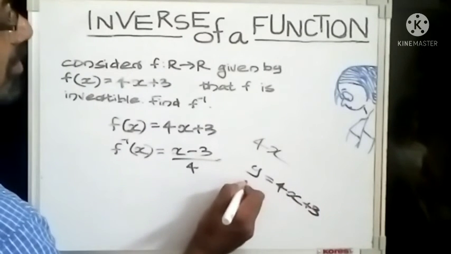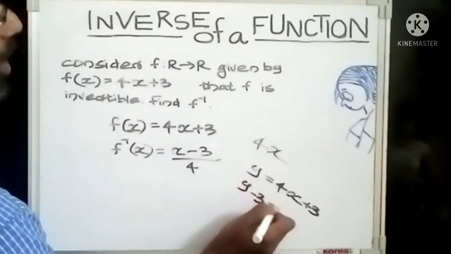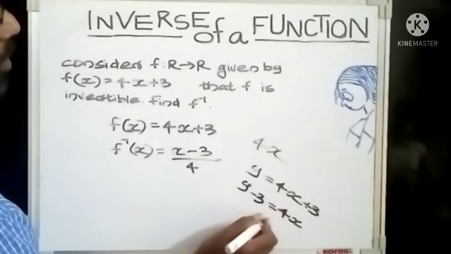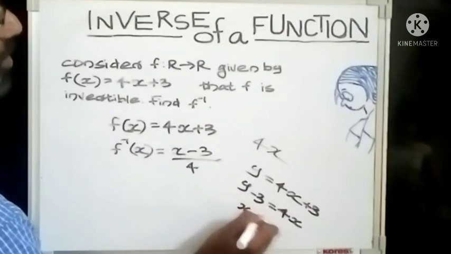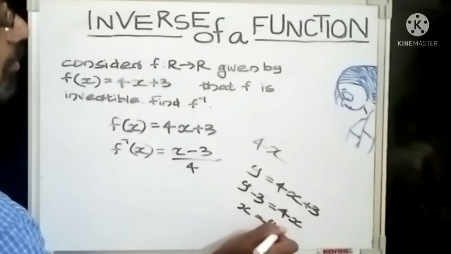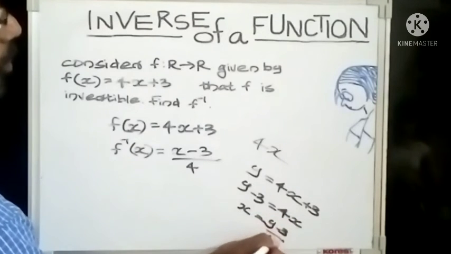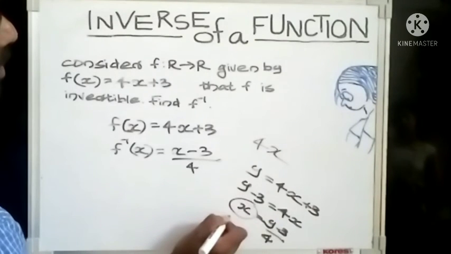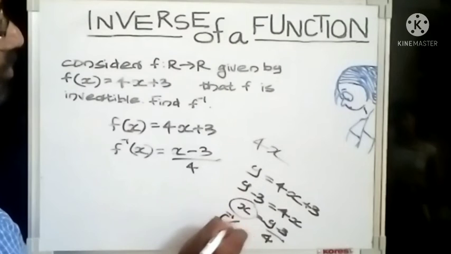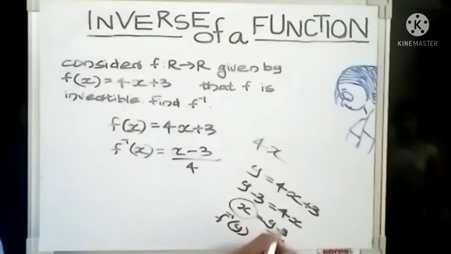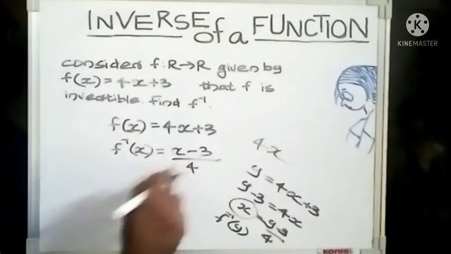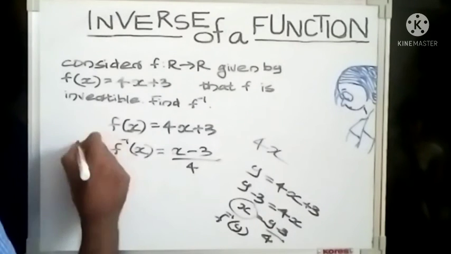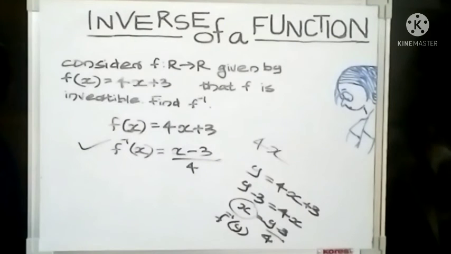Then y minus 3 equal to 4x, or x equal to y minus 3 divided by 4. It is the inverse of y. F inverse y equal to y minus 3 divided by 4, or f inverse x equal to x minus 3 divided by 4 is the inverse of f of x equal to 4x plus 3.